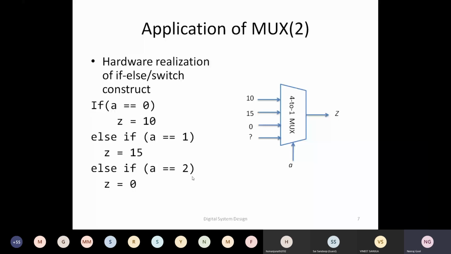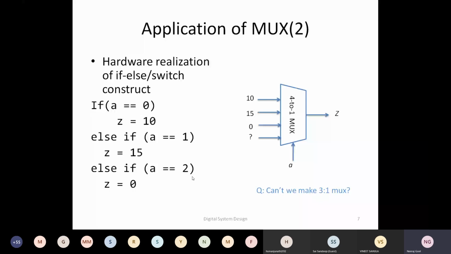So can this multiplexer be used for those cases also? It's a question worth considering: can I use a multiplexer in a generic if-else condition, whatever the variable, whatever the comparison statement? Let's look at such an example.